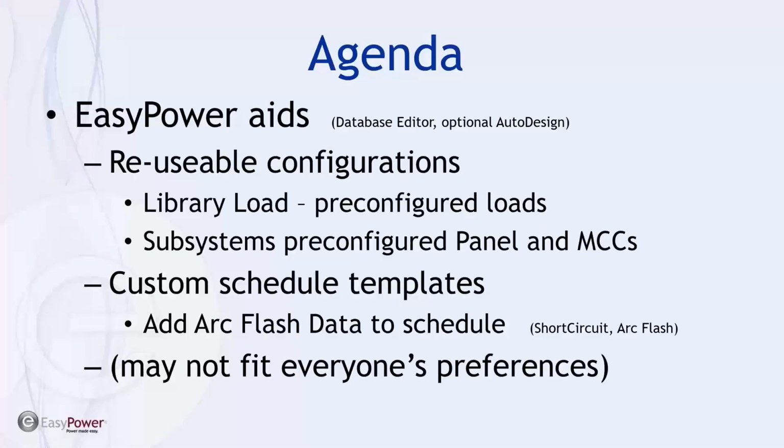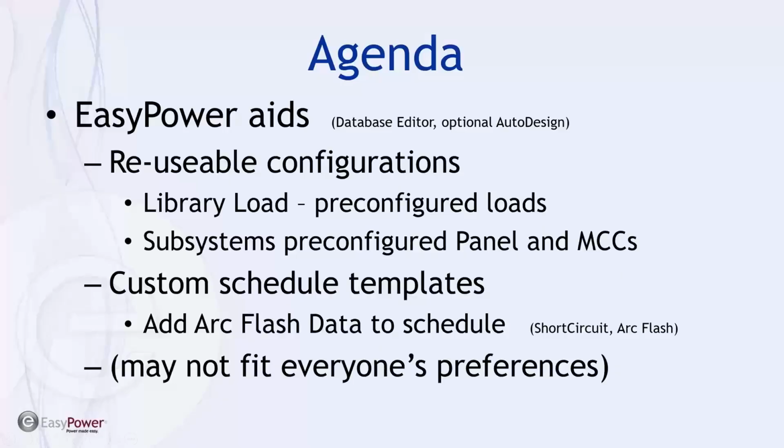One of the features is called library load. By setting up a spreadsheet one time in the device library, you can utilize it to preload or more rapidly load up new MCCs and panels. We'll be going through that in detail.